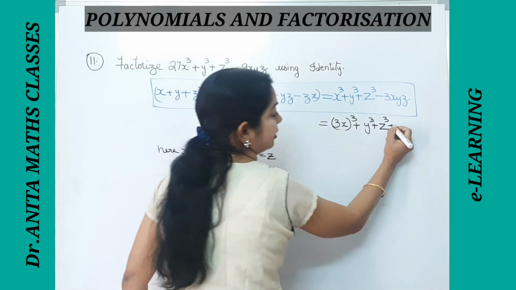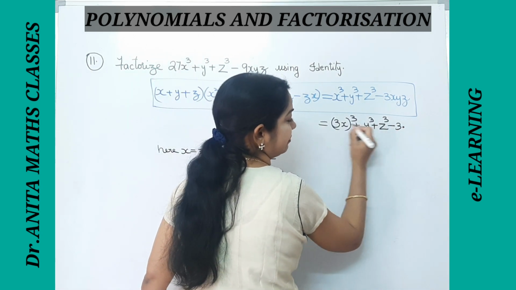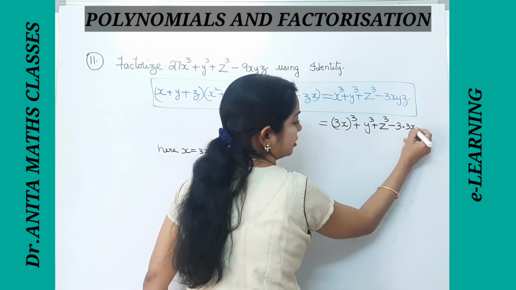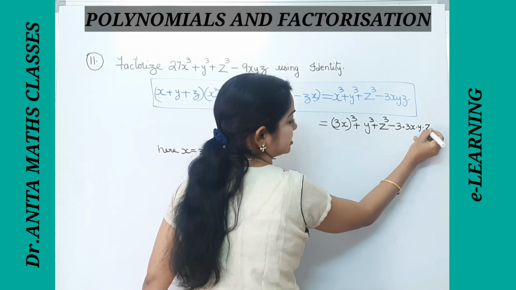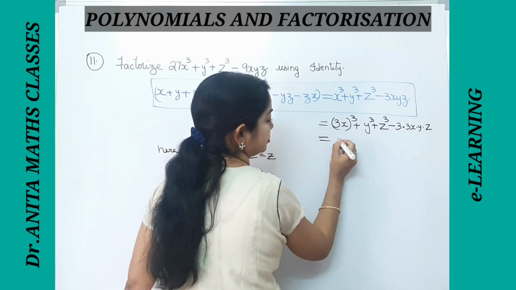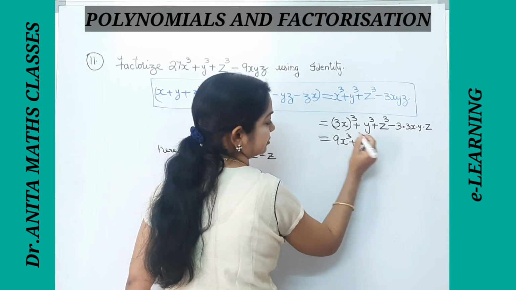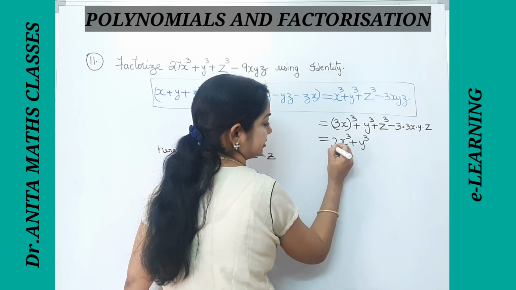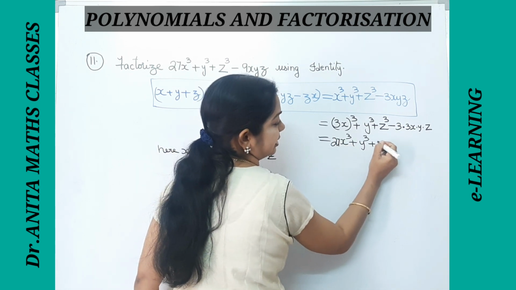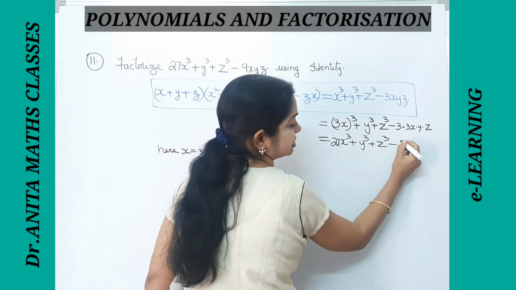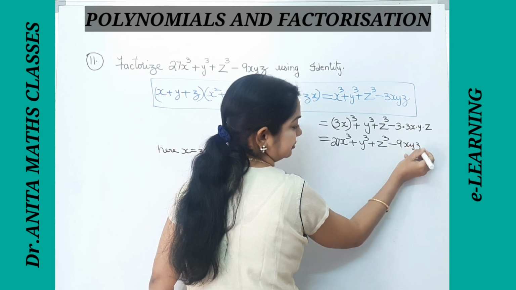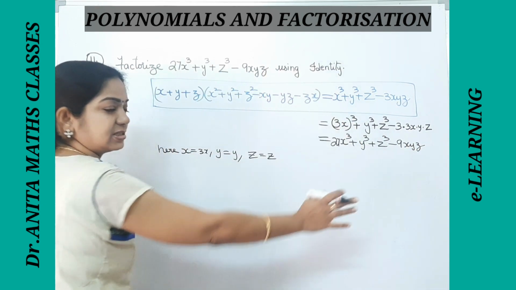Right. Here minus 3 multiplied by x value 3x, y value y, z value z. So this comes to 27x cube plus y cube plus z cube minus 9xyz. Okay, so here the RHS part I've done.